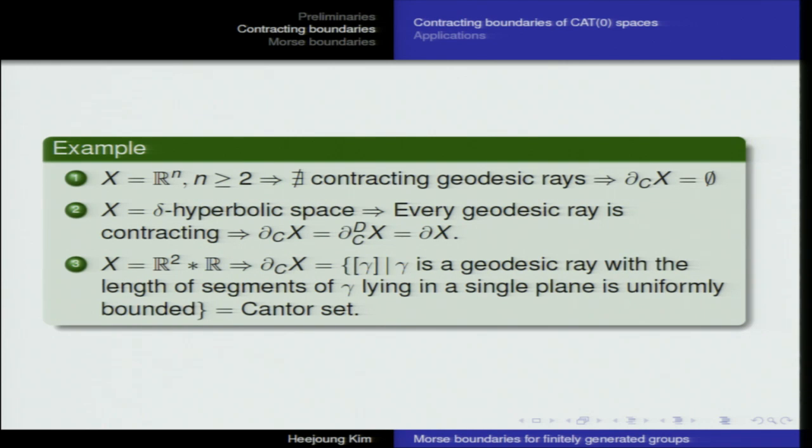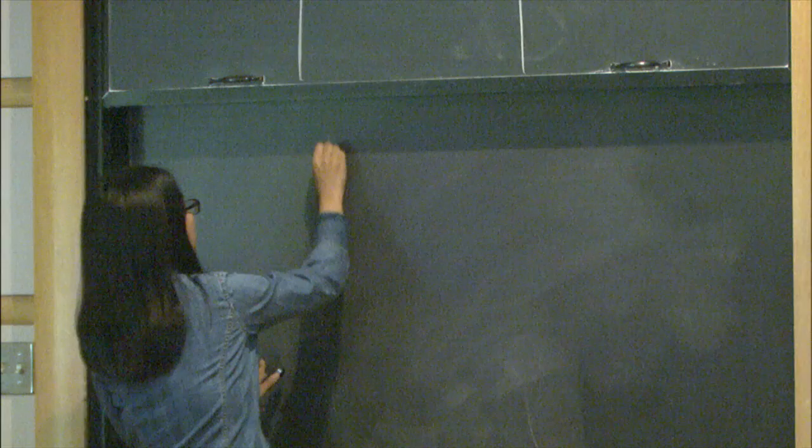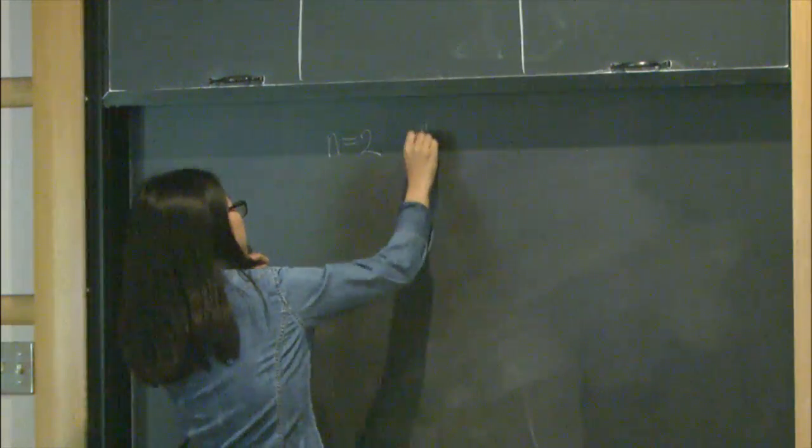So let's see some examples. First, say my space is a Euclidean space of dimension n. Then it is flat, so there are no contracting geodesic rays. So the contracting boundary is the empty set. Say n is 2, and check this property in R^2.